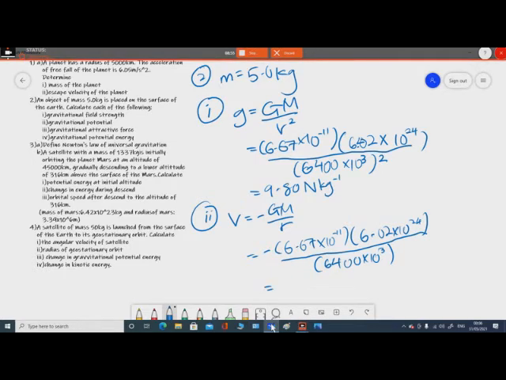So the final answer is negative 6.274 times 10 to the power of 7 joule per kg, with 4 significant figures, for the gravitational potential, since it is the energy per unit mass.